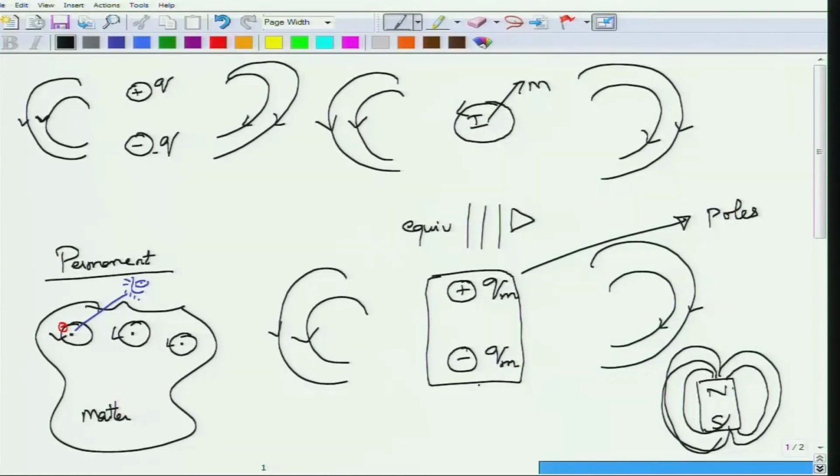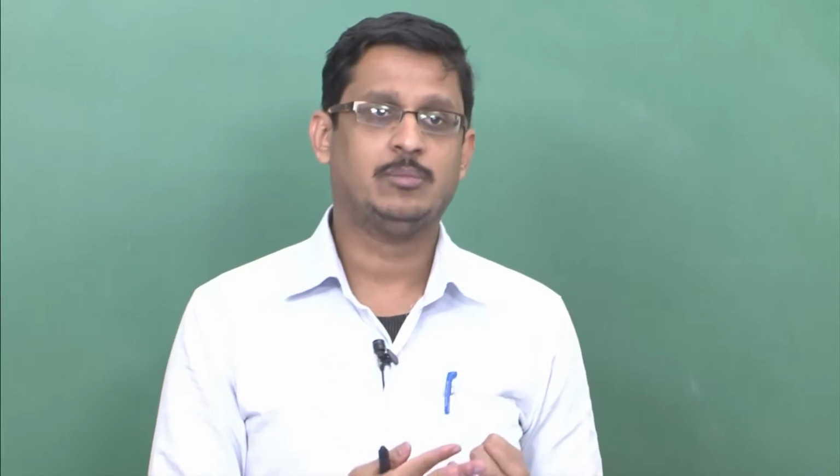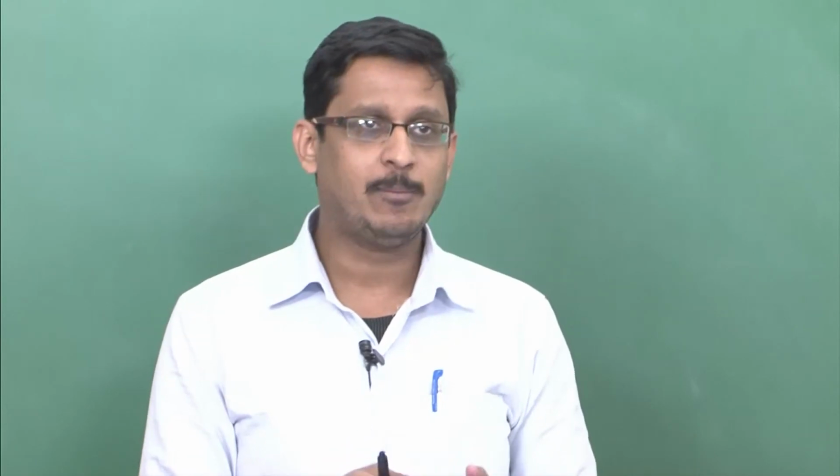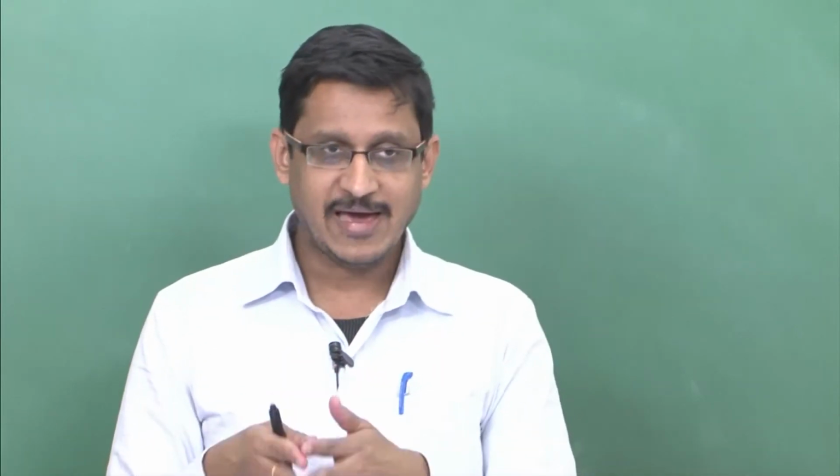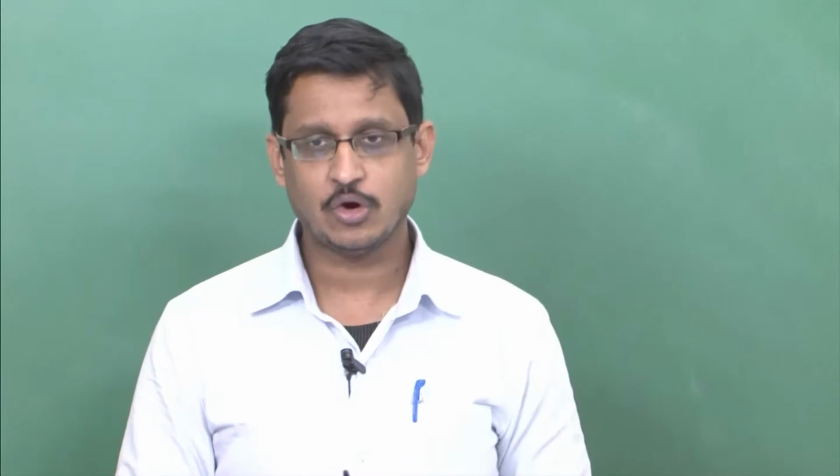Now, one might ask, why should I think of them as charges? The reason is mathematical. Of course, the reason is also historical, but if you forget history, the reason is mathematical, because when you think of magnetic charges, then whatever we studied in terms of Laplace's equation or Poisson's equation can be applied directly to evaluate the magnetic fields of these configurations.